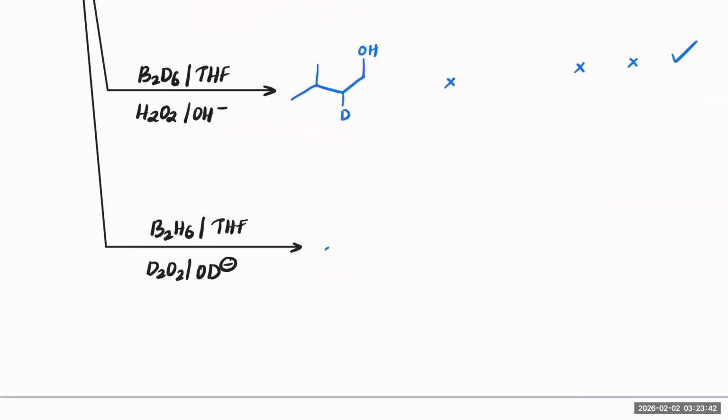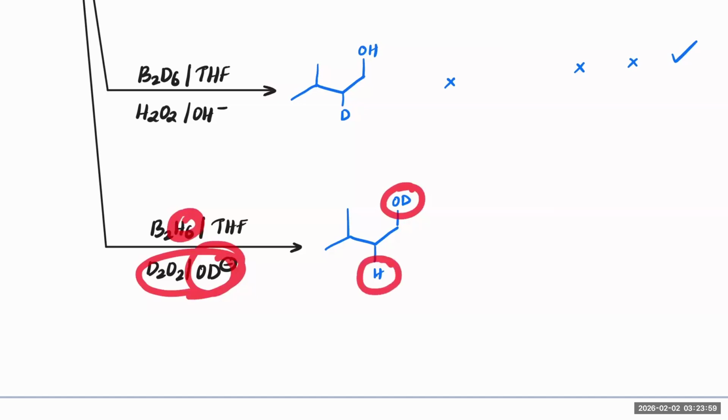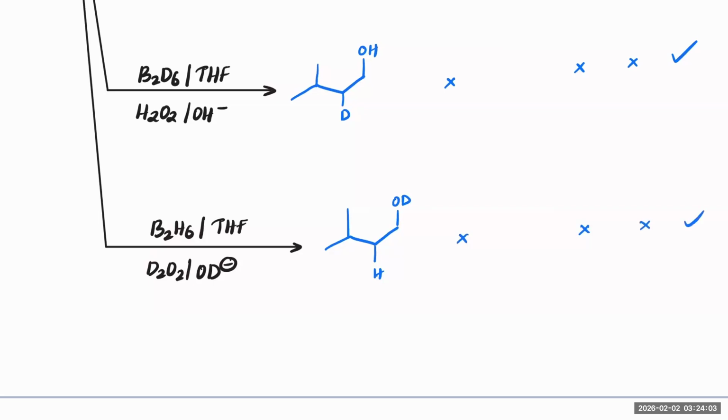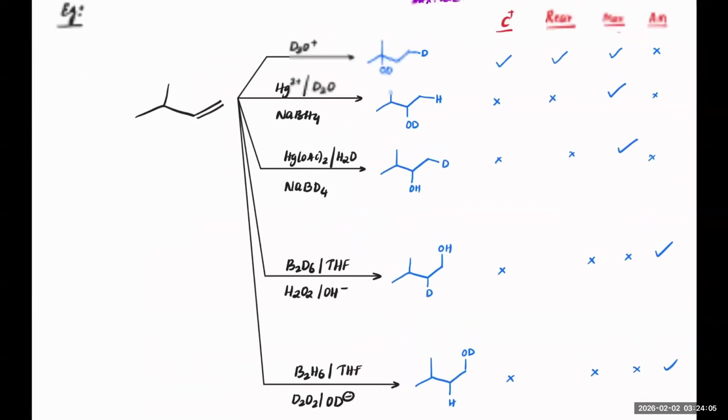And lastly, you will have hydrogen here and OD here, right? Because this time D2 OD is there. I mean, you can see OD minus means OD will come. Here, hydrogen is there means hydrogen will come at this position. So, therefore, no carbocation, no rearrangement. What it is following: anti-Markovnikov. Please check your answers. This is what you should get.